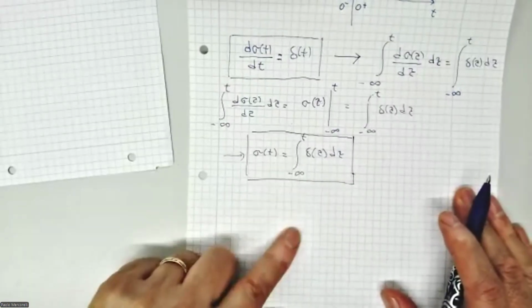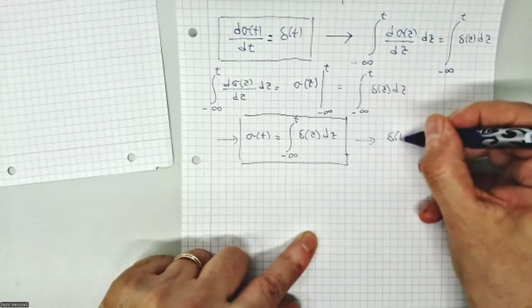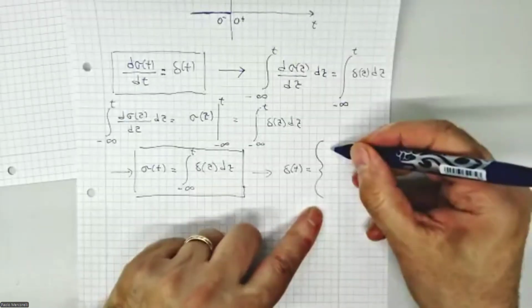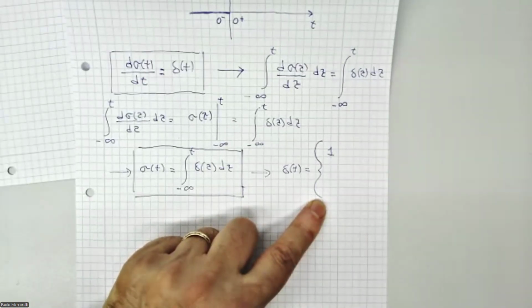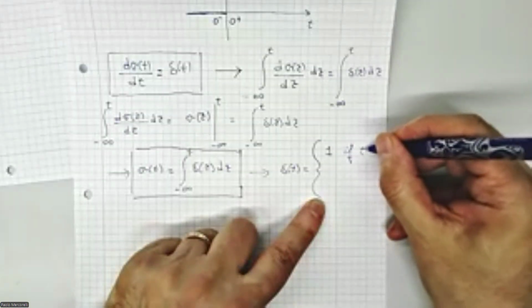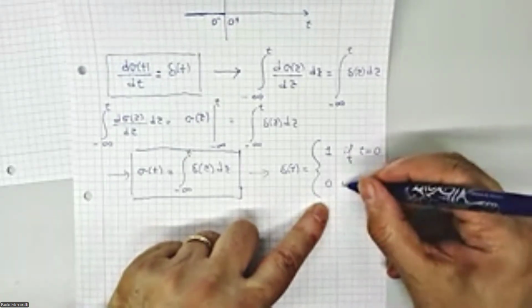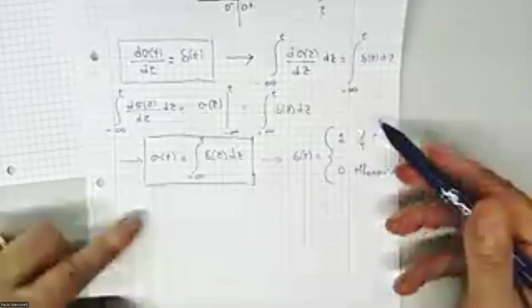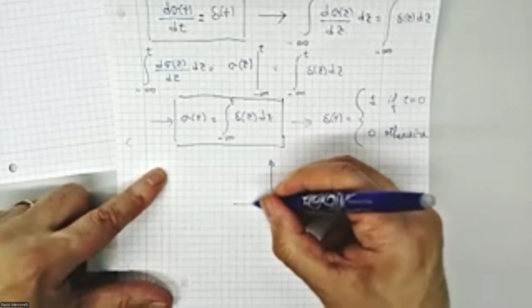This means delta is the function equal to once if time equals 0, 0 otherwise. This is a strange function, no?